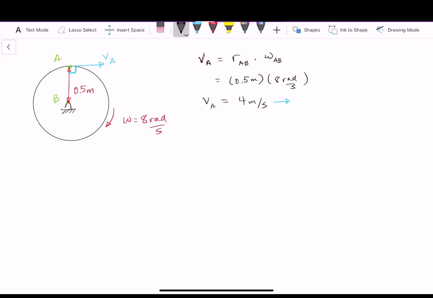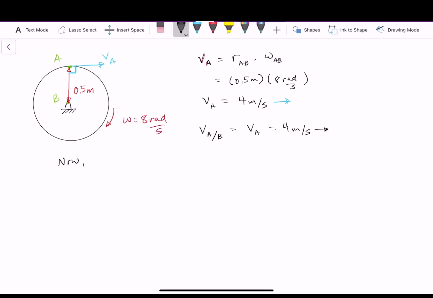So in the case of a disk, we have a very special case of the velocity of A with respect to B. Now remember, that's like you're positioning yourself at point B and you want to know what's happening at point A. Well, whether you're translating or not at point B, point A will look like it's rotating about your position. And so velocity of A with respect to B is just equal to the velocity of A, which is 4 meters per second to the right.